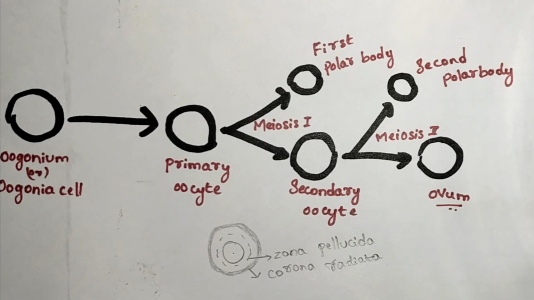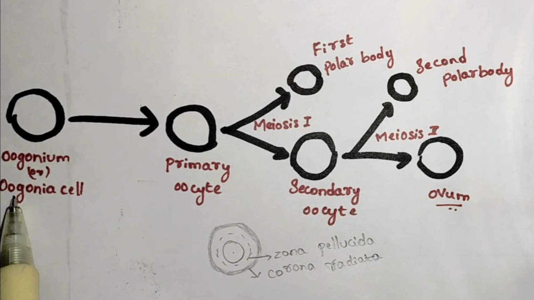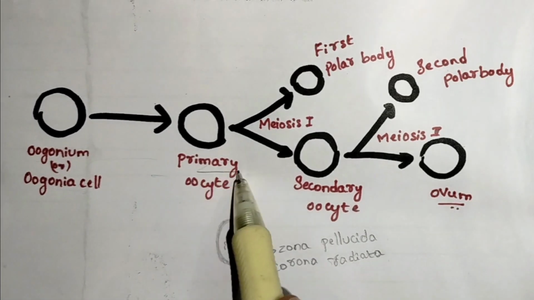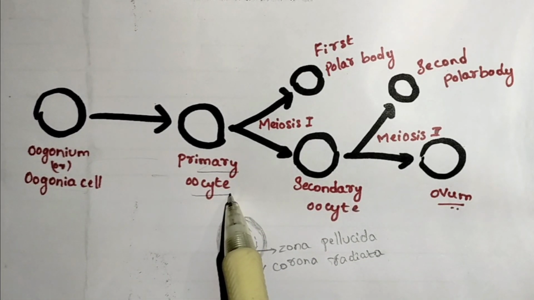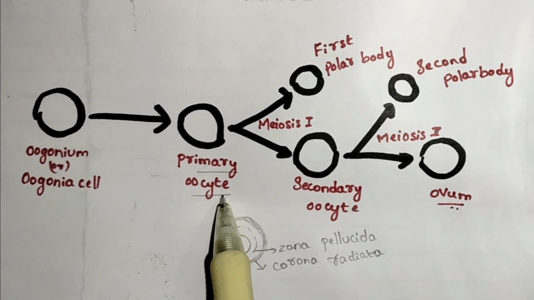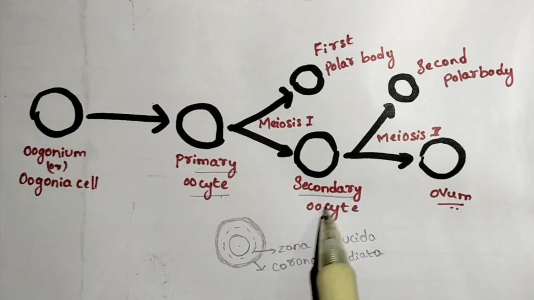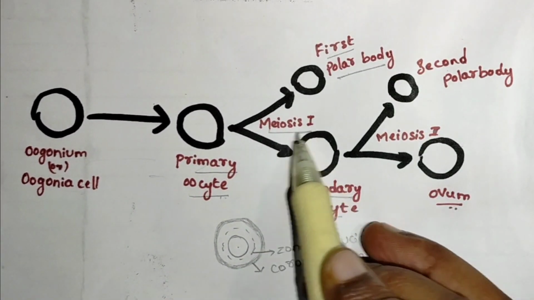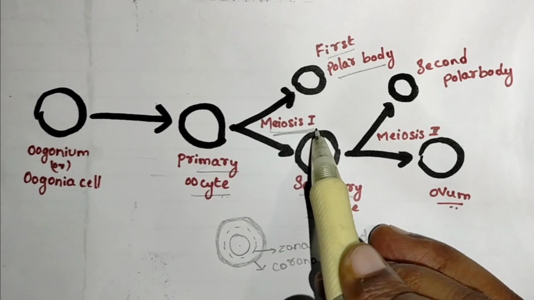Oogenesis involves 3 steps. The very first is oogonium or oogonia cell. It is divided into primary oocyte. And the second step is from primary oocyte, the cell is divided into secondary oocyte and first polar body by meiosis 1 division.